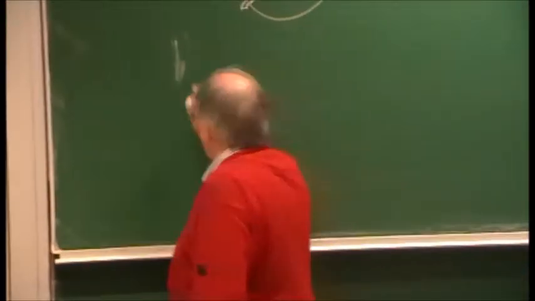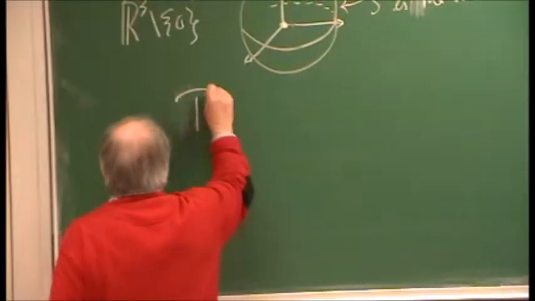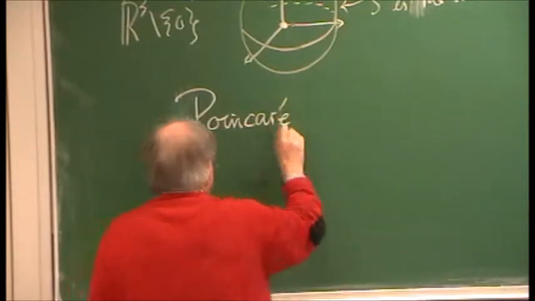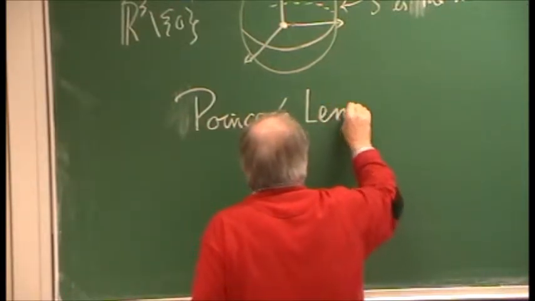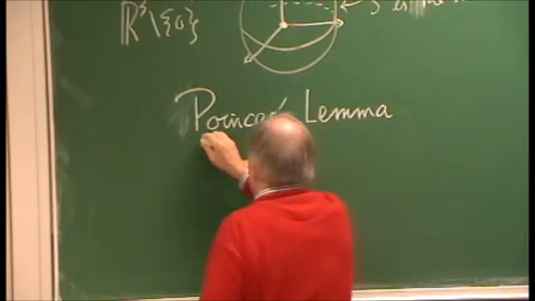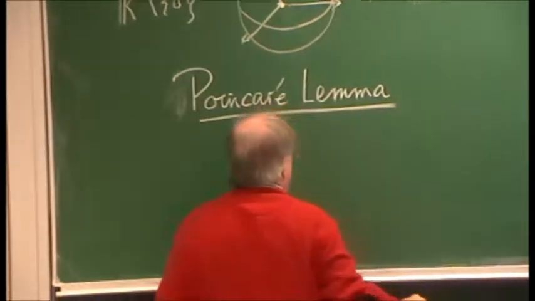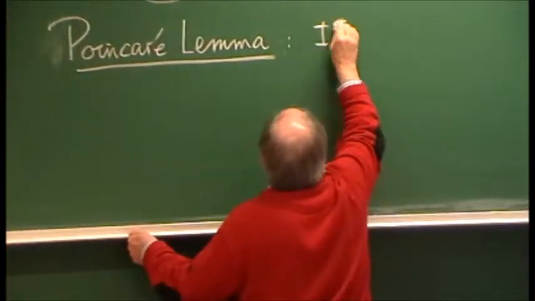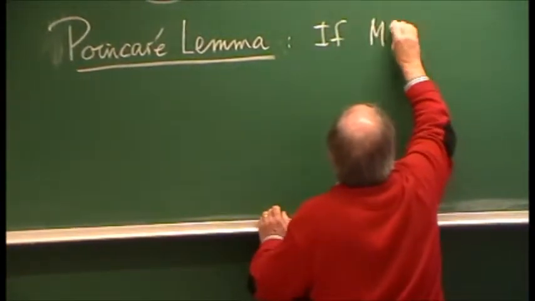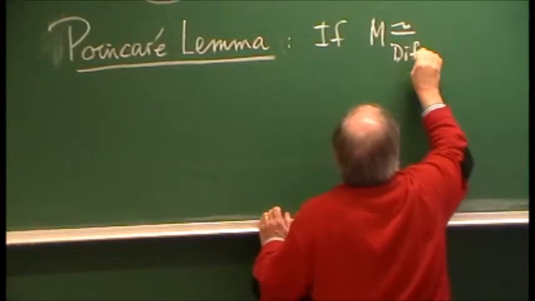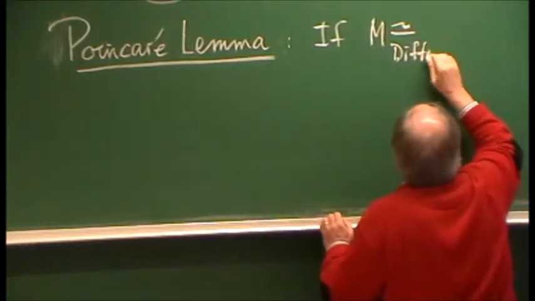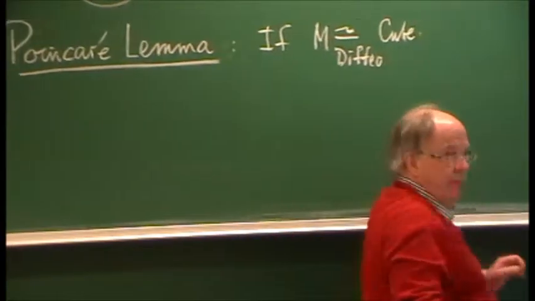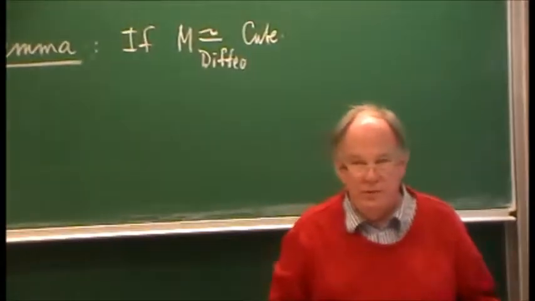And the theorem now that I want to talk about is the so-called Poincaré lemma. I mentioned it at the outset. And the statement is that if M is diffeomorphic to Q, maybe I should say once and for all what a cube is for me.